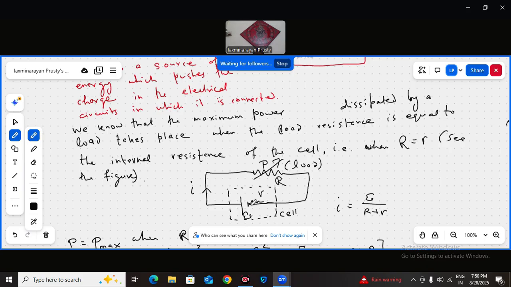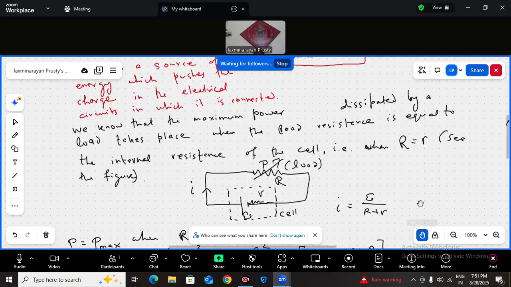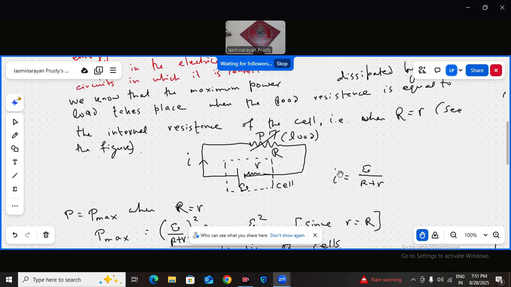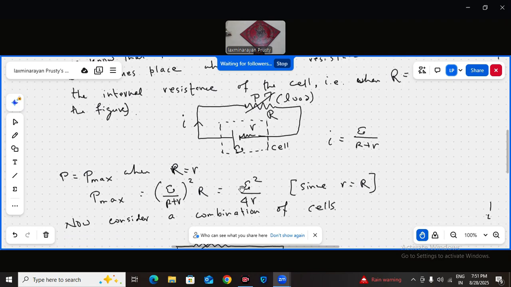So the power which will be output through this load will be how much? Current will be E divided by R plus small r. This must be a simple thing for you.